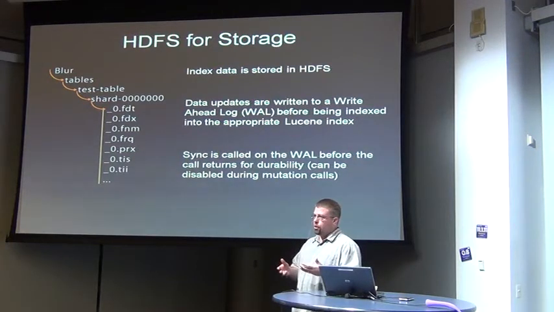You can turn it off on mutates, so if you want to just do bulk inserts, let's say with a MapReduce job on a live table, you don't have to do write-ahead logs, because if the node dies, those tasks will die and then be re-run and fix the data.